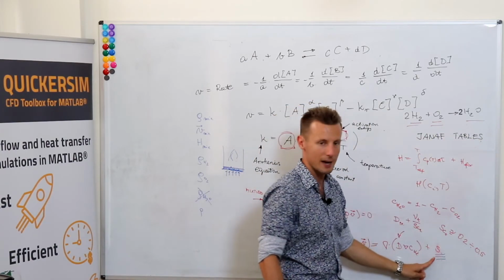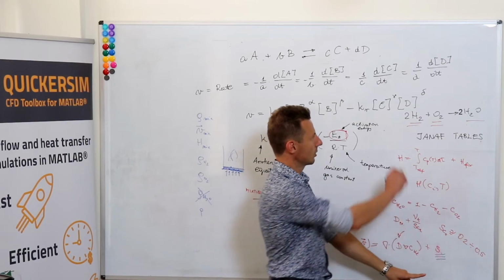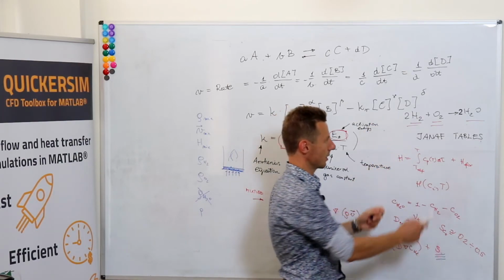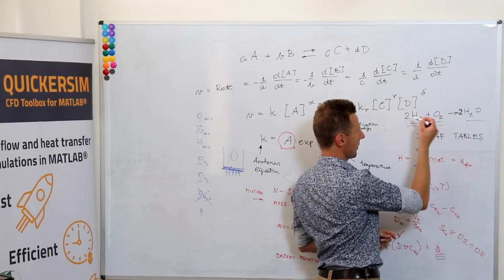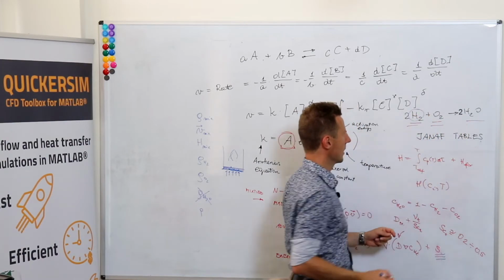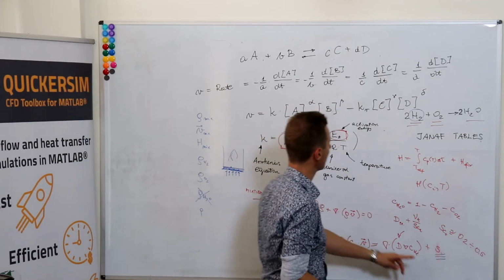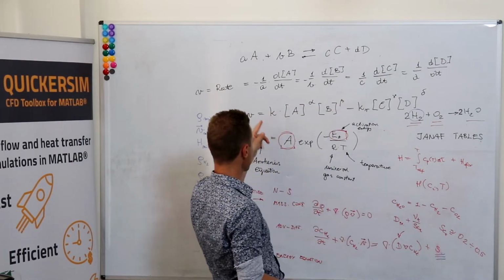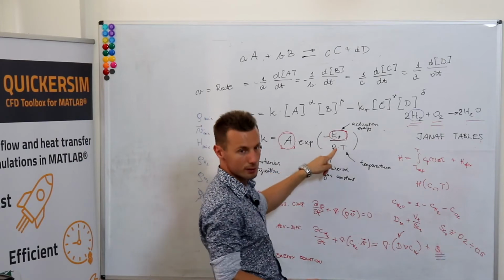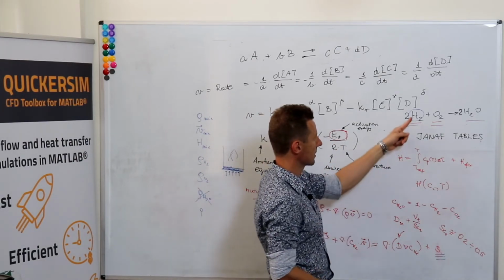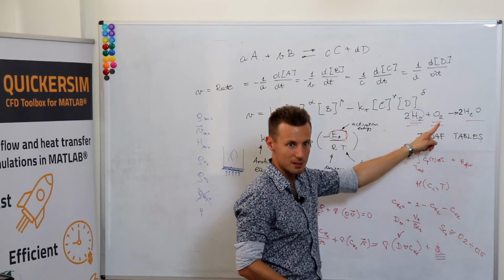So remember that for S you need to loop over your chemical equations and see, okay, in the first reaction my H2 vanishes, so it would probably be something like minus A exponent activation energy times this, times this.